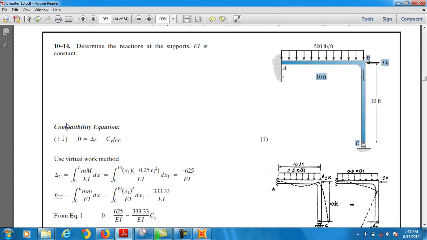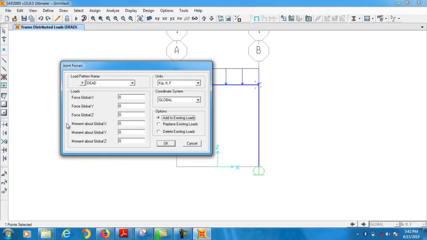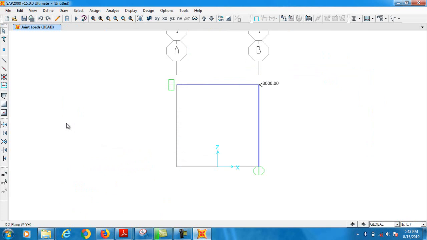So therefore we need to apply the load in the opposite x direction. Clear? With a negative sign. So this one with a negative sign, minus 3 kip. Clear? So here we go.